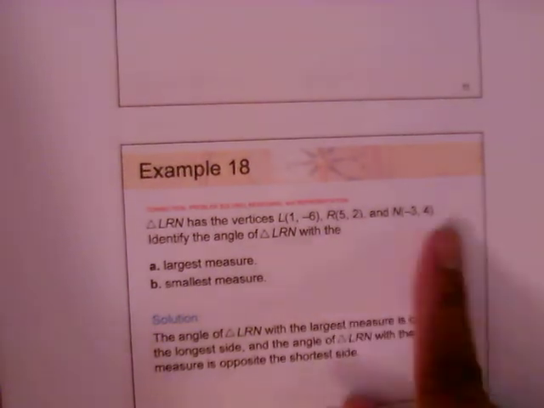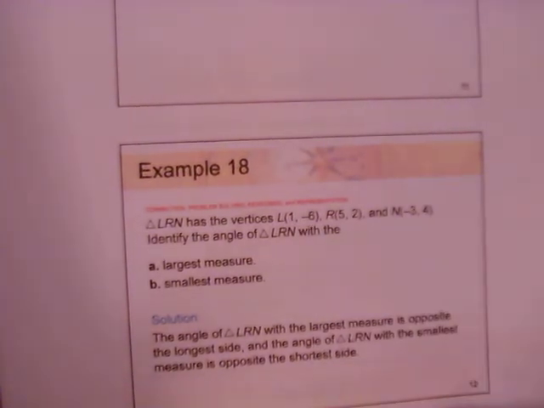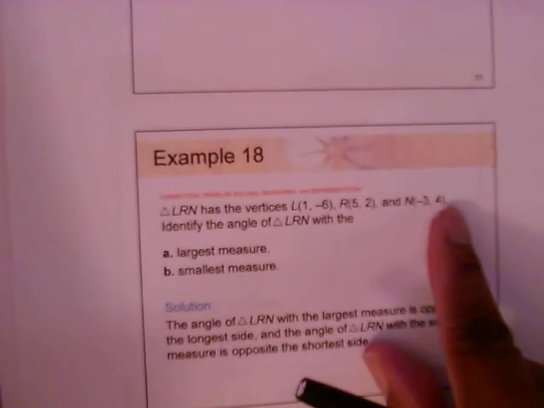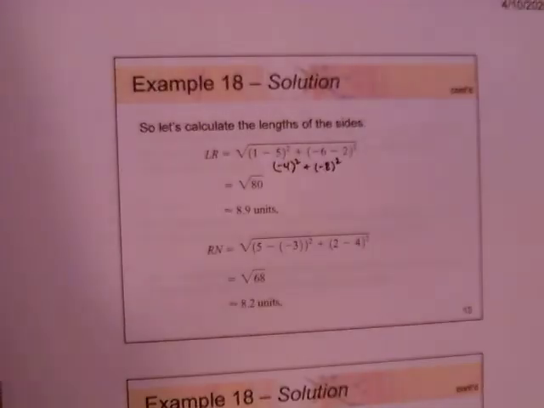So here they did 5 minus negative 3, and that's squared, and then 2 minus 4, and that's squared. 5 minus a negative 3 is actually 8, and if you square the 8, you'll get 64. 2 minus 4 would be negative 2. Square the negative 2, you'll get 4. 64 plus 4 will be 68, and then take the square root of 68, you'll get 8.2 units, approximately.